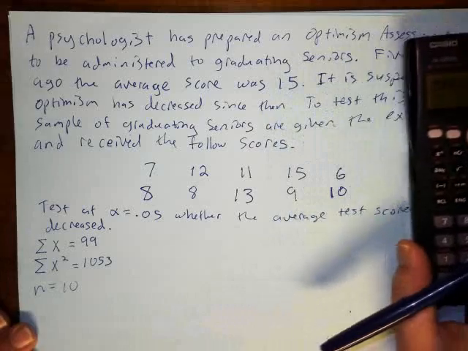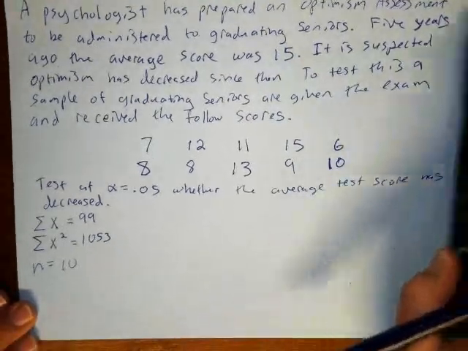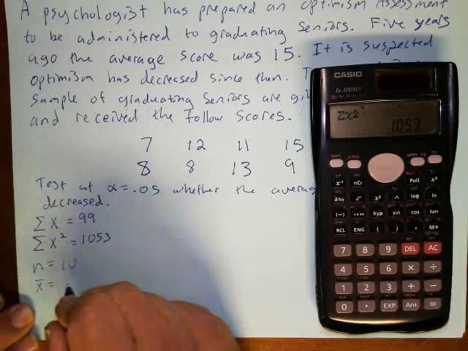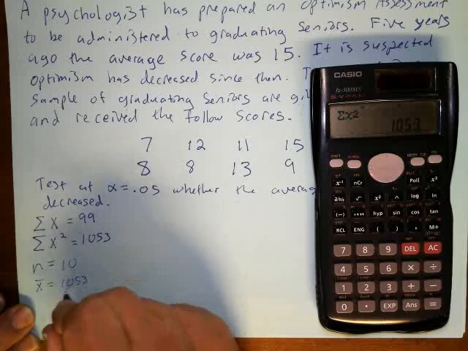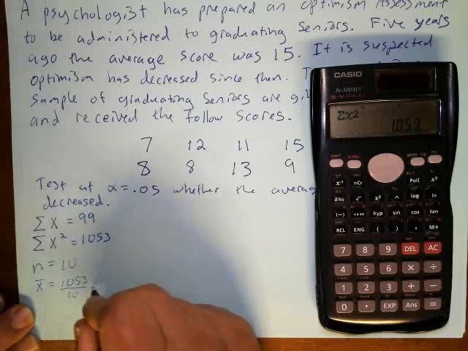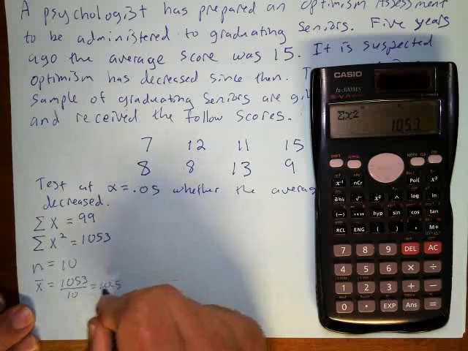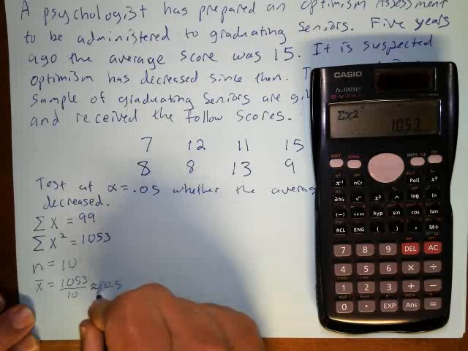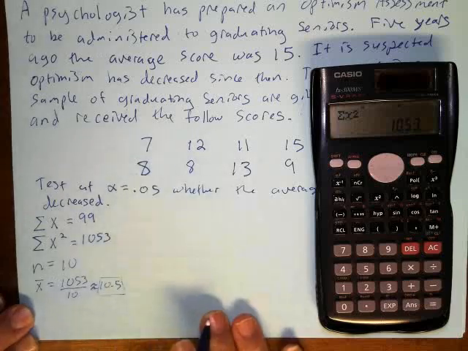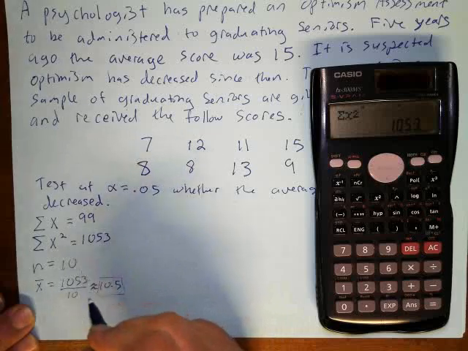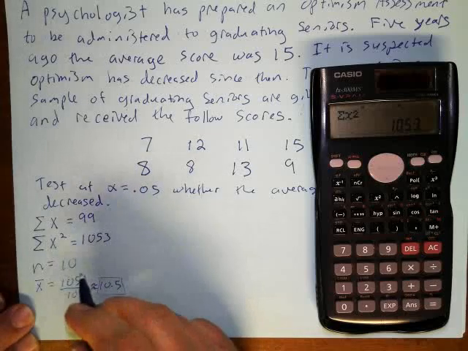Now I can use these to get my mean and standard deviation. So the mean is going to be 1053 divided by 10, and that's going to be 10.5. I'm going to round these to the nearest tenths place. Nope, I did this wrong.